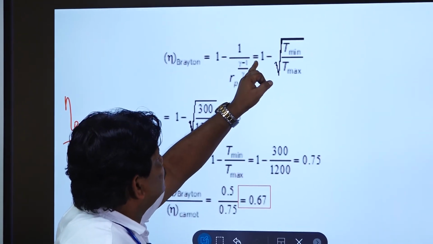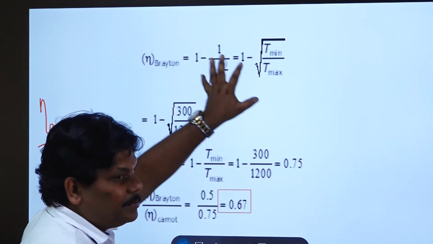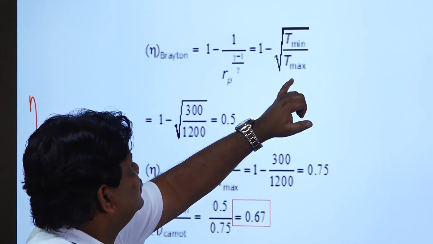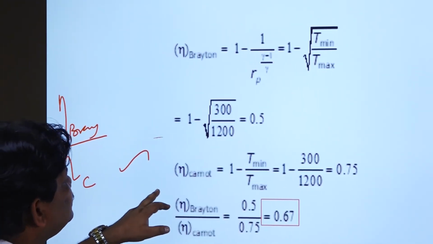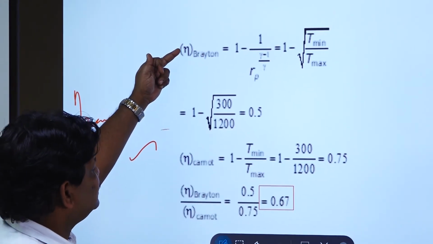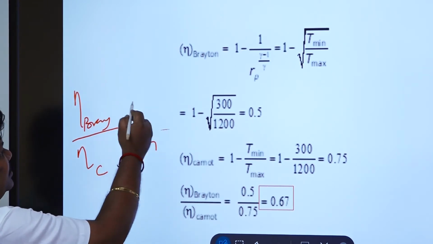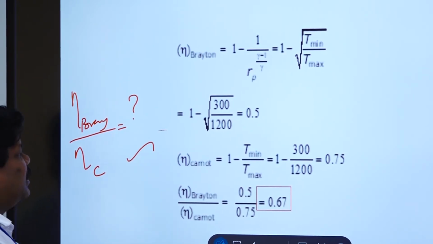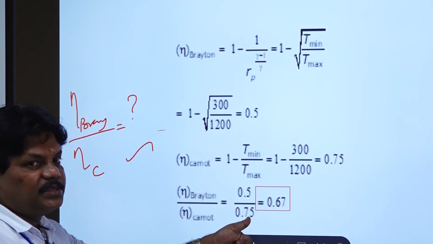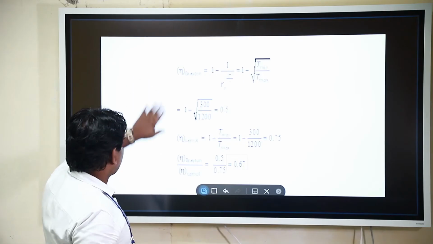So you go for the relations given with respect to efficiency based on the given data, that is 1 minus root of T minimum by T max. All this you know. So the efficiency of Carnot is known to you, and similarly the efficiency of Brayton is also known to you. So our question is to find the ratio between the efficiency of Brayton and the efficiency of Carnot, that is 0.5 by 0.75, which is equal to 0.67.